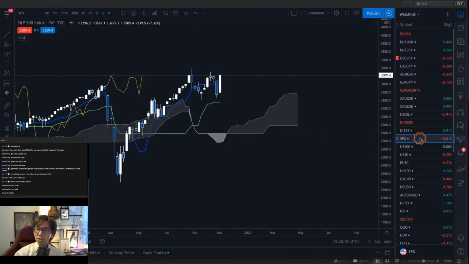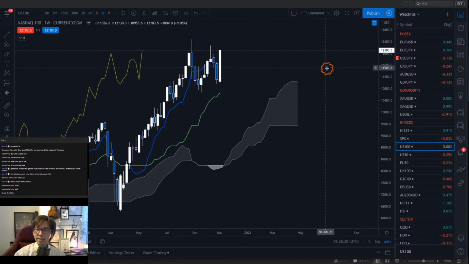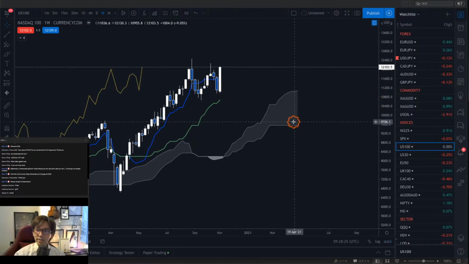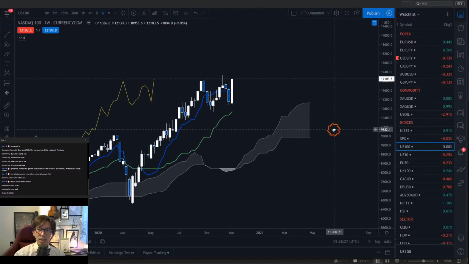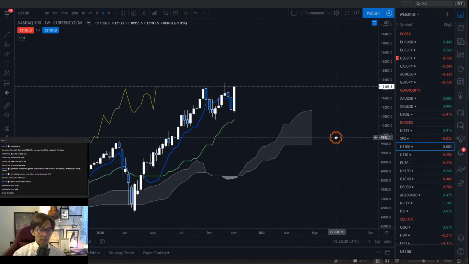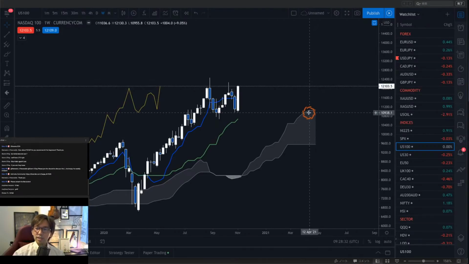So let's move on to Nasdaq. Nasdaq last week was also a bullish candle, and in this one I can see that the equilibrium is bullish and also direction is bullish too. But we'll see how the US election is going to affect the market next Monday. There's news between Biden and Trump, so we'll see the turnout next Monday. But as far as the Ichimoku analysis, technical analysis here, this is bullish.